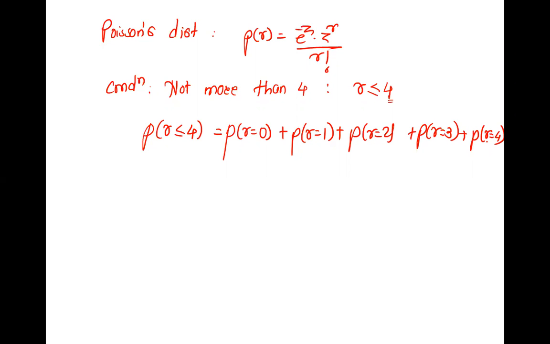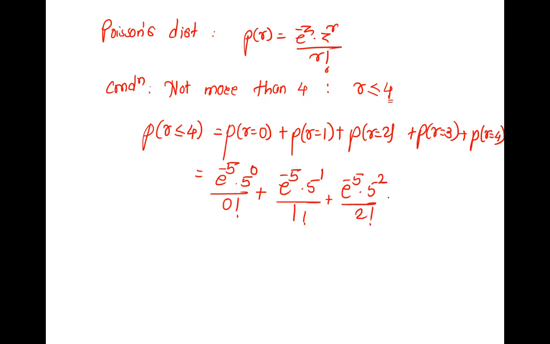Is it okay? No, ma'am. So we'll go like this only. So e raised to minus z, z is 5, into z raised to r upon r factorial for r equals 0, plus e raised to minus z, z raised to r upon r factorial for r equals 1, then r equals 2, r equals 3, and r equals 4. Solve this and you can tell me the answer.